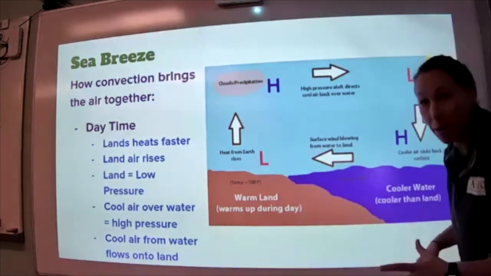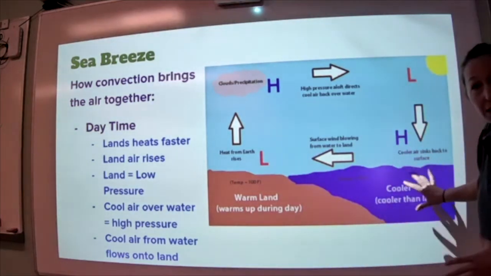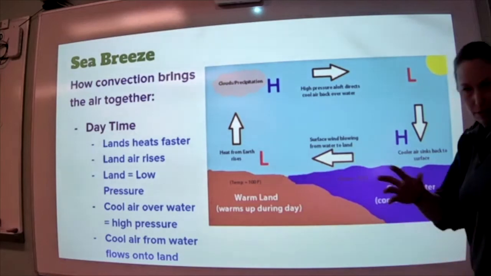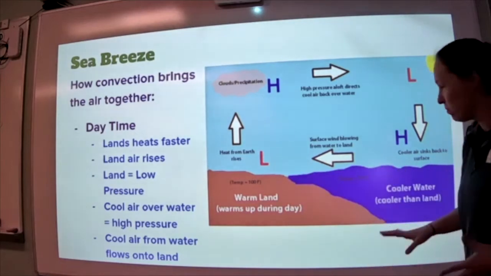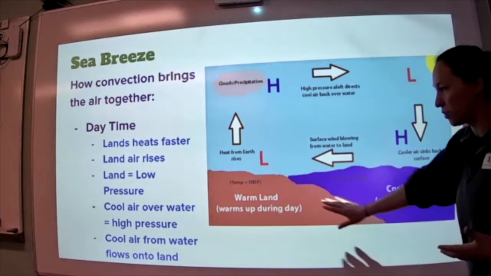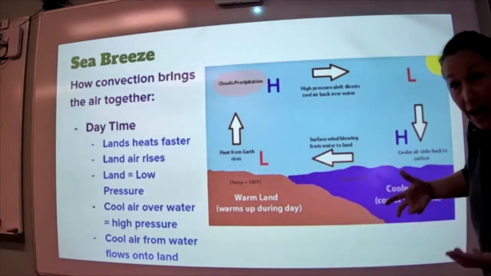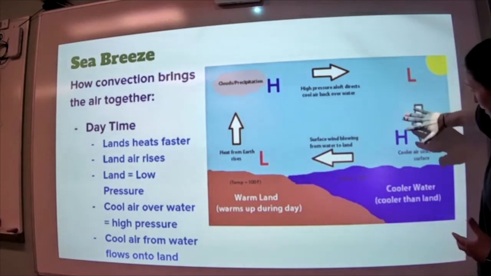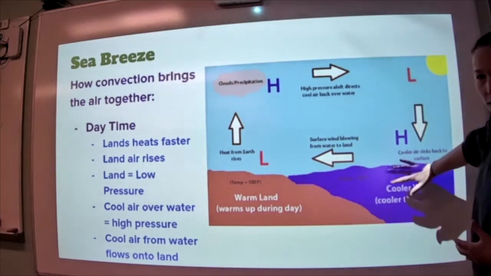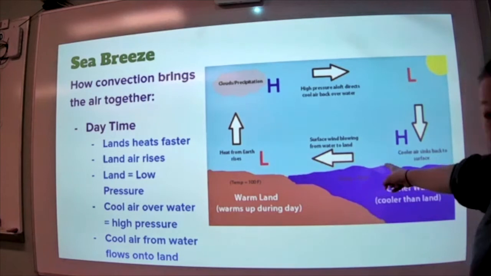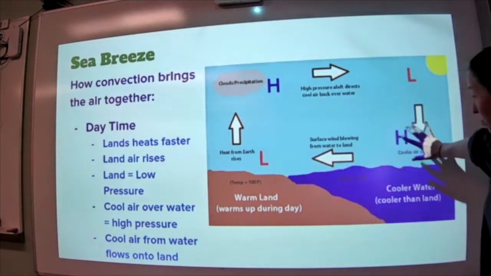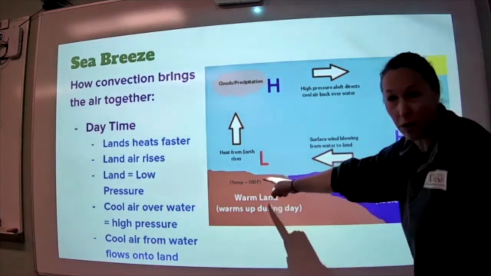Now, as that's happening, the water is staying cooler, not cold, like it's not cooling down, but it's relatively colder than the land. And that means the air over here is more dense. It doesn't have as much energy. So it sinks down on top of the water. And all of a sudden, if you look at this, we've got a high pressure area, we've got a low pressure area.